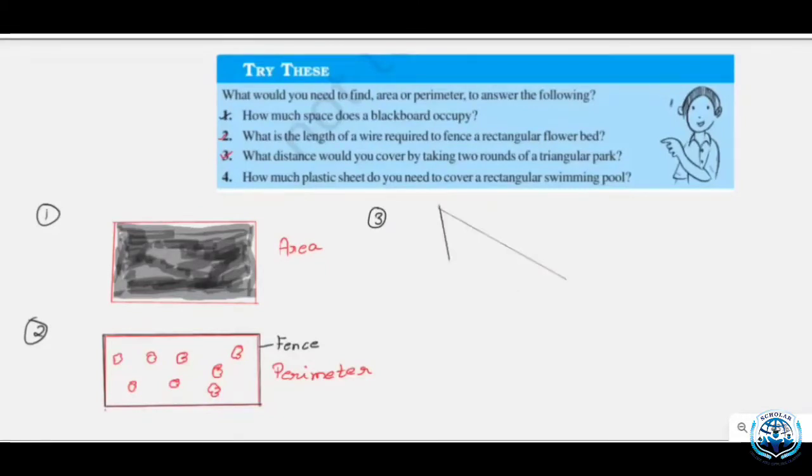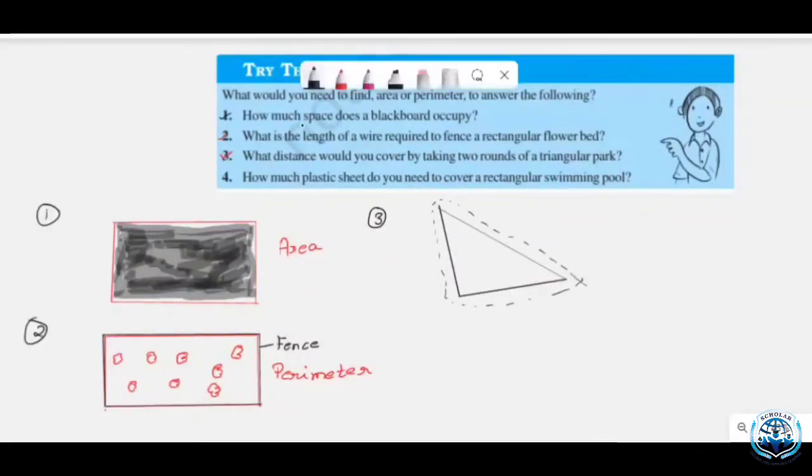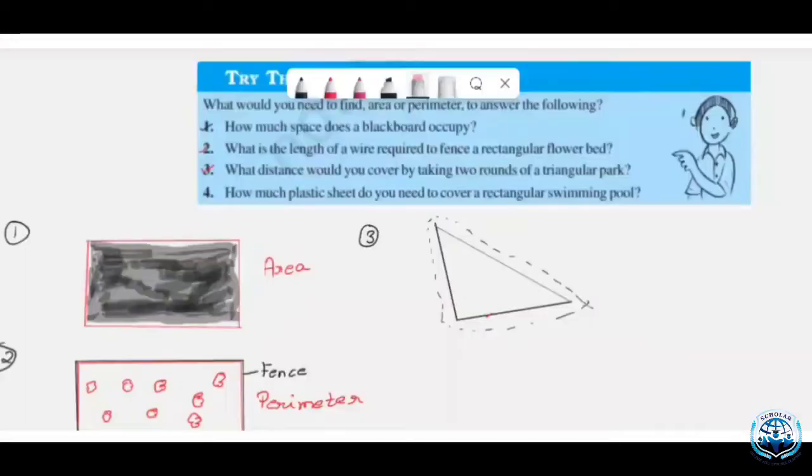Third one is, what distance would you cover by taking 2 rounds of a triangular park? This is a triangular park. You have to find out what distance would you cover. So, you are taking 2 rounds of this triangular park. Can you guess? Yes.